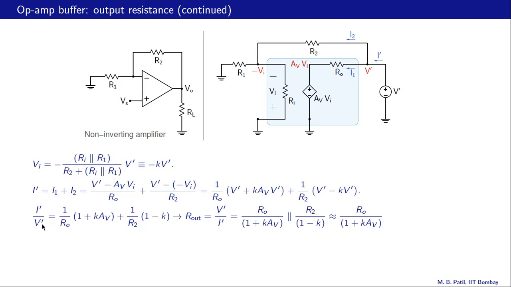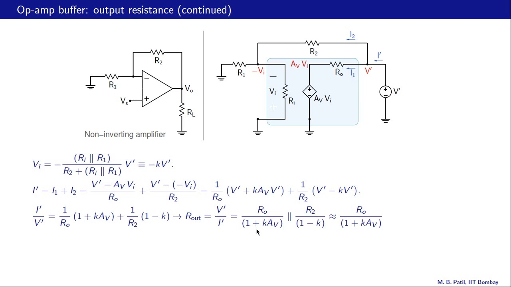So this is like the conductance, and it's a sum of two conductances. So the resistance, which is the reciprocal of this quantity, which is the output resistance we are looking for, is basically two resistors in parallel. One of them is RO divided by 1 plus KAV. The other one is R2 divided by 1 minus K. So that is what we get for the output resistance as seen from RL.